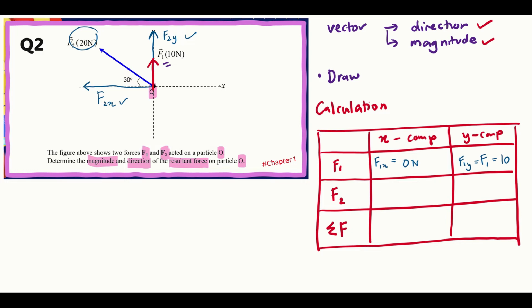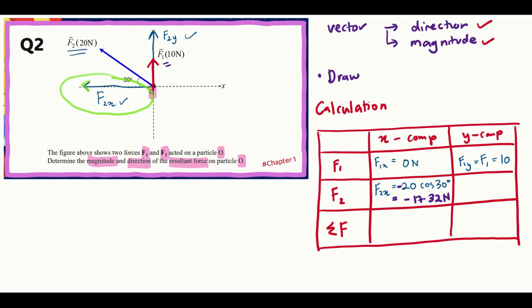And for F2x, the equation is 20 cos 30, since our F2 is 20. If you focus on your drawing, our F2x is to the left, meaning that you are going to use negative here. Your F2x is supposed to be negative 17.32.